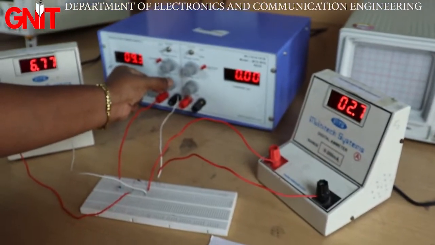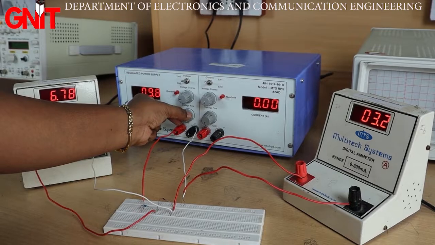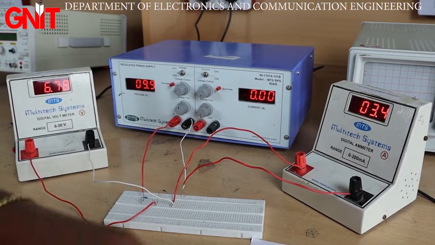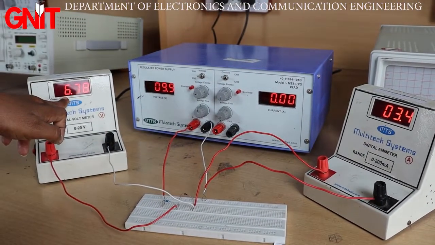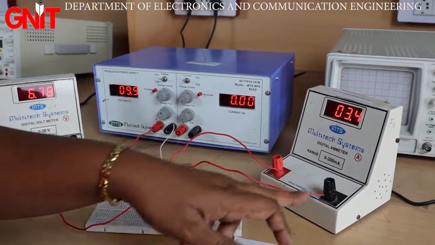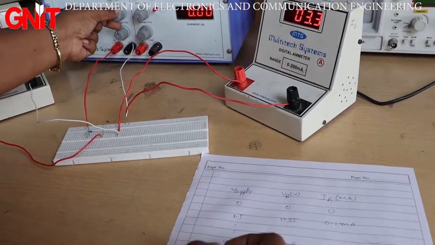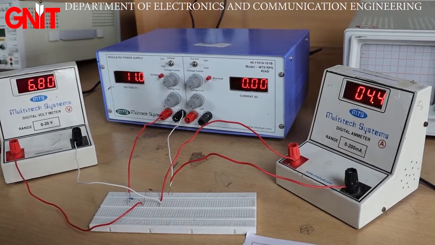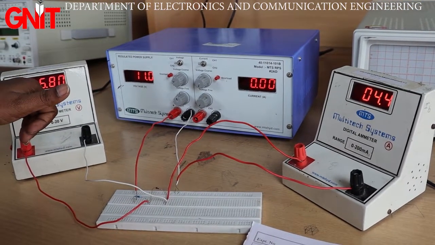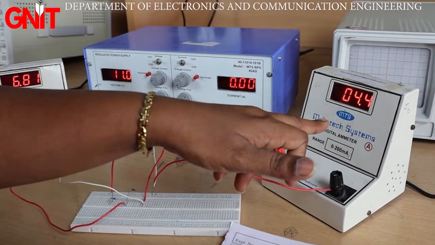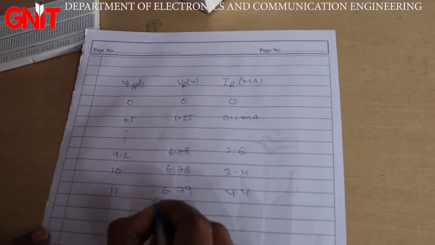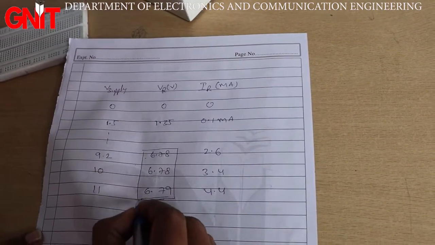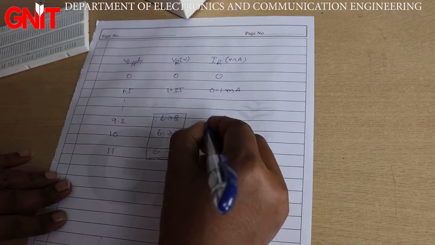If I change this to 9.5 or 10 volts, the diode voltage is 6.78 only and we are getting 3.4. If I increase this to 11, it is 6.79 and the current is 4.4. Here the reverse voltage is constant and the current is very minimum.